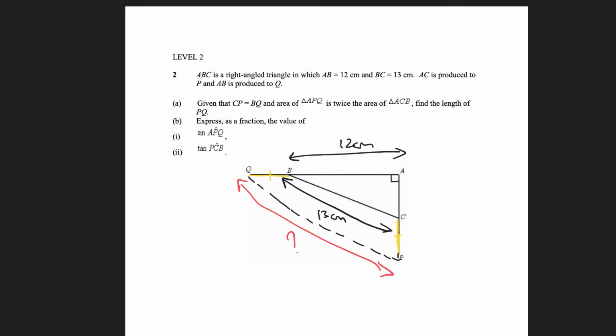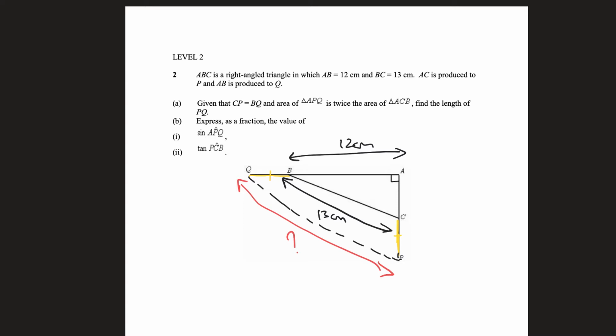Okay, so let's look. The only real information they give us besides 12 and 13 and that this is 90 degrees is that the area of APQ is twice the area of ACB. So if I can find the area of ACB, which I think is possible, and then multiply it by 2, I can find this area, and we can see what information we can get from here.